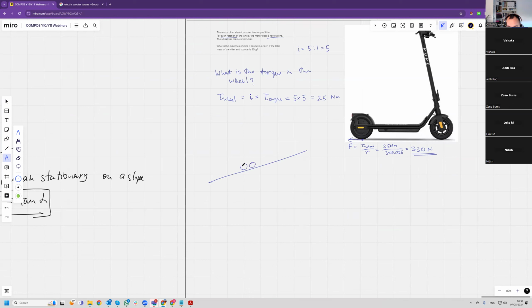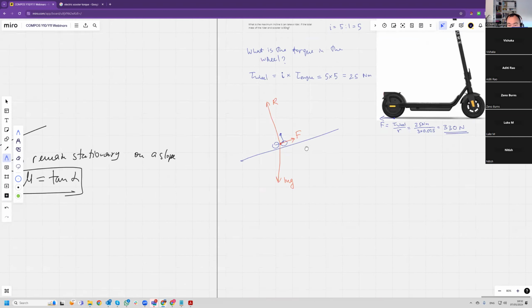All right, now let's have a look at the incline. If you're on an incline, there are forces: a gravitational force which is down, the mg force. There's the force pushing you up, that is the force of the wheel, actually the friction force. And there's a normal reaction force.